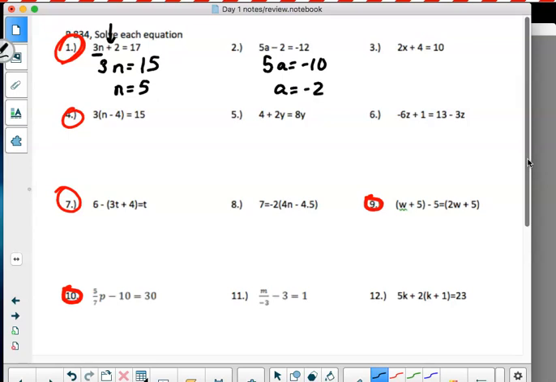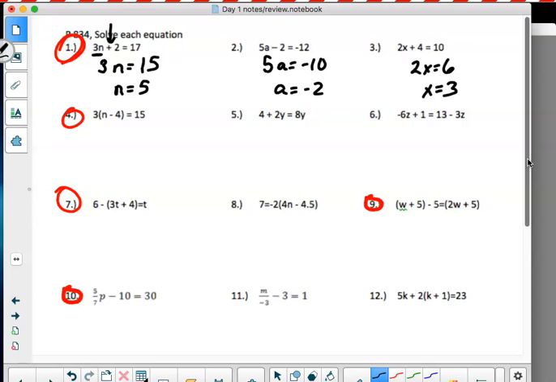Now, in 3, doing the same thing, I am looking at each step, and after I do one step, I'm going to show you the result. So I'm going to subtract 4, and I have 2x, so 10 minus 4 is 6, and I divide by 2, and it's x equals 3.